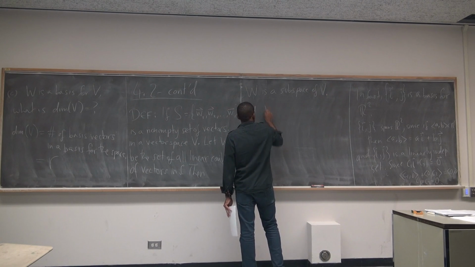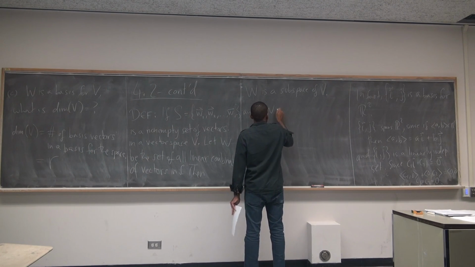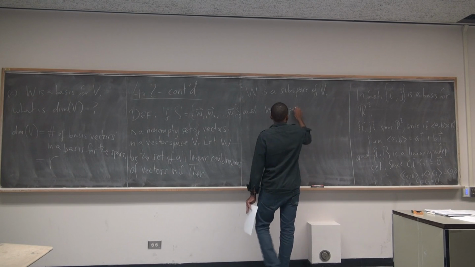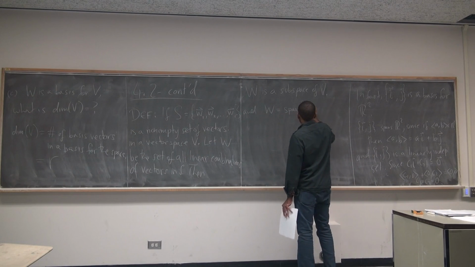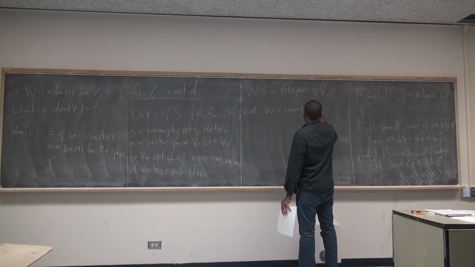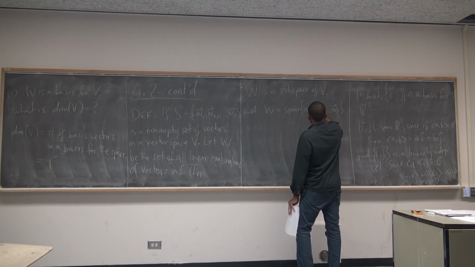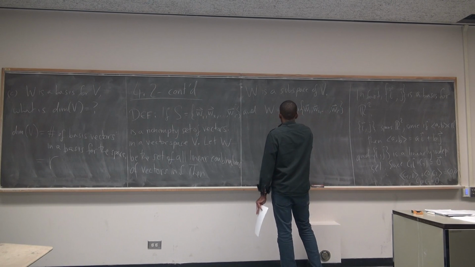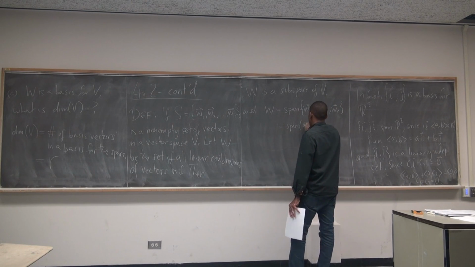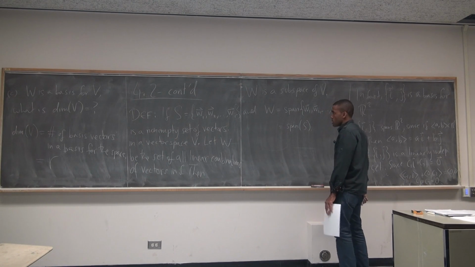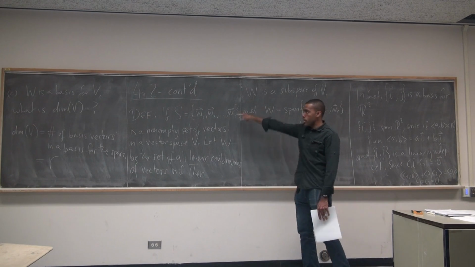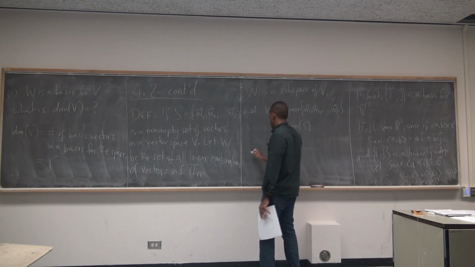W equals what we call the span of w1, w2, ..., wr, or the span of S. Right, so the span of a set is the set of all linear combinations of vectors in the set.